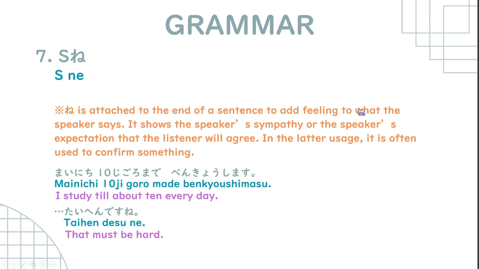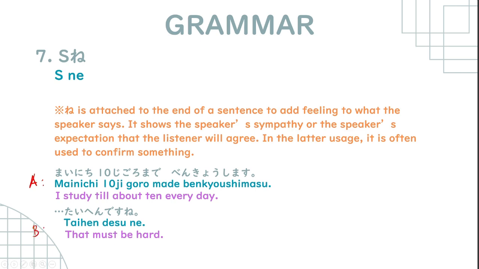And then lastly, we have ne. Ne is attached to the end of the sentence to add feeling to what the speaker says. It shows the speaker's sympathy or the speaker's expectation that the listener will agree. In the latter usage, it is often used to confirm something. For example, A-san talks about how they are studying until about 10 every day. They're studying so much.